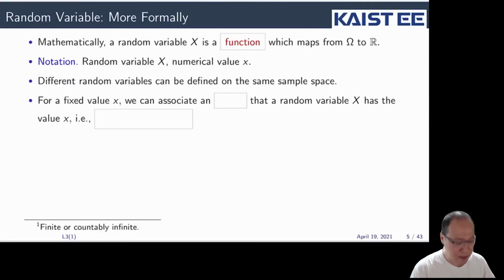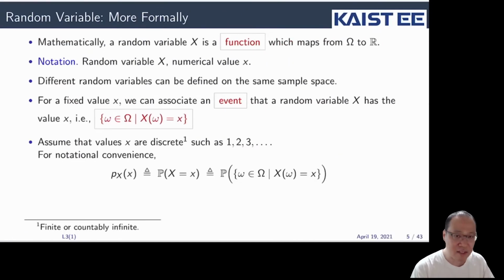For a fixed value x, a value that the random variable can take, we can associate an event: the random variable X has that value. The fact that the random variable X has the value x is an event.